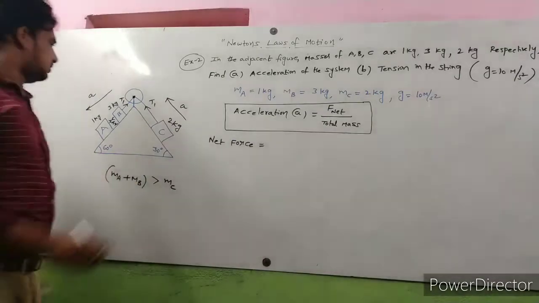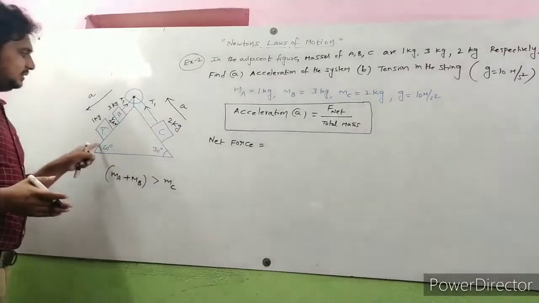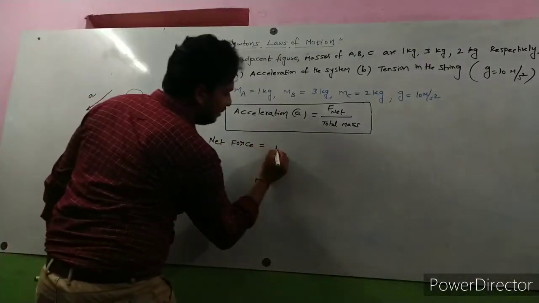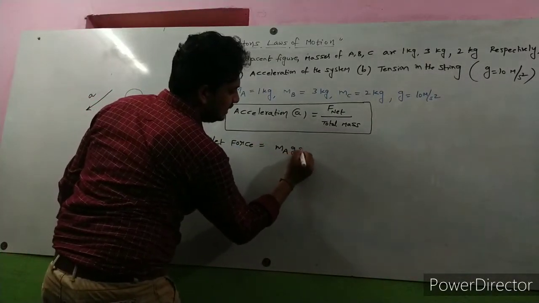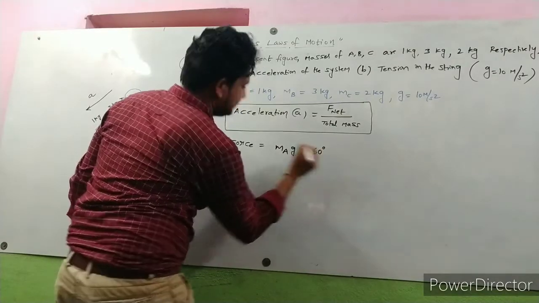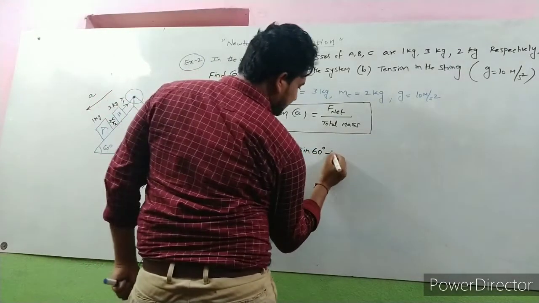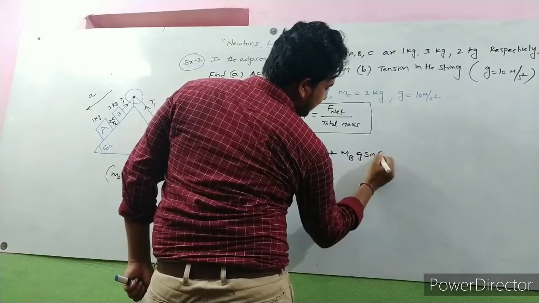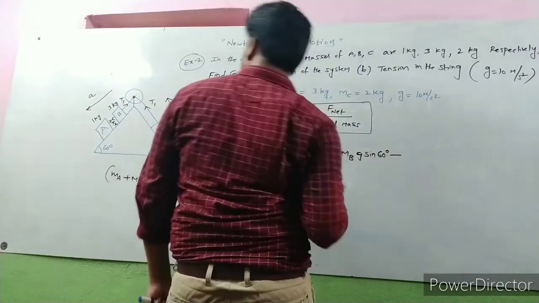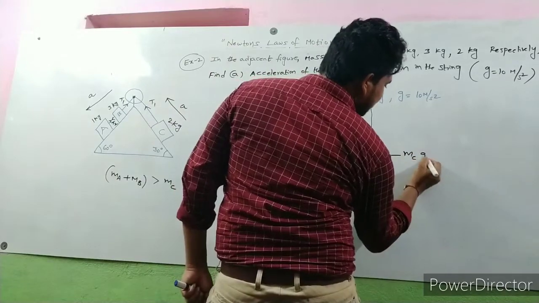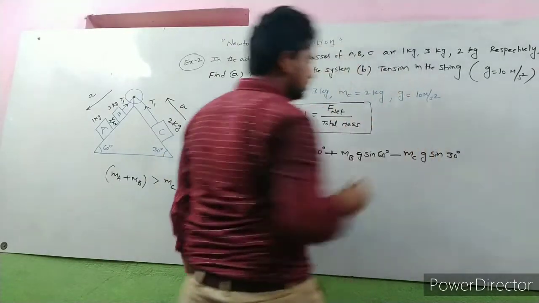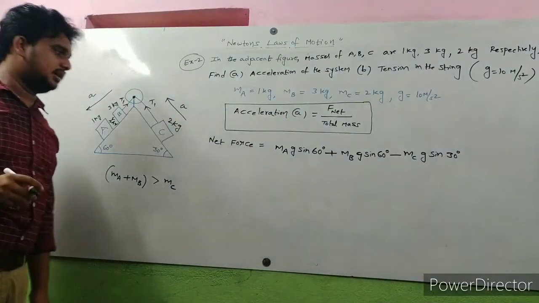So apply the concept: whenever we are placing any block on a wedge, we take MA G sine 60 degrees plus MB G sine 60 degrees minus MC G sine 30 degrees. So this is the net force. We got the net force here.